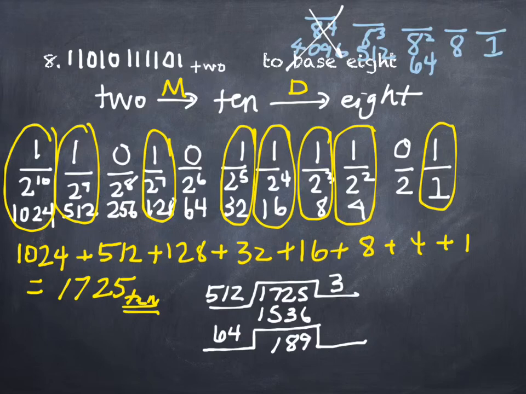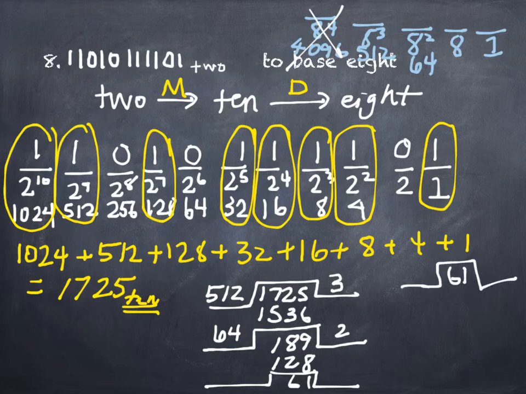How many times will 64 go into 189? Twice. What is 2 times 64? 128. Okay, what is 189 minus 128? 61? Okay.